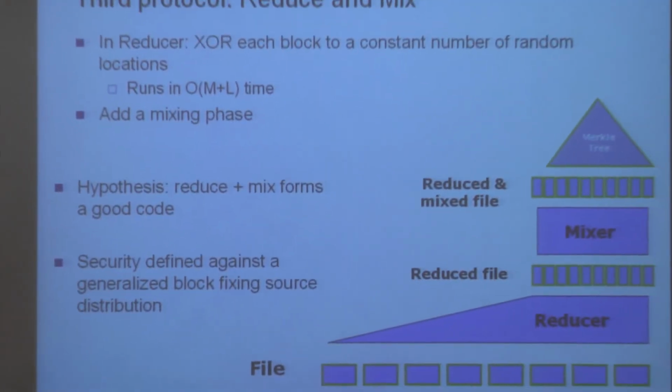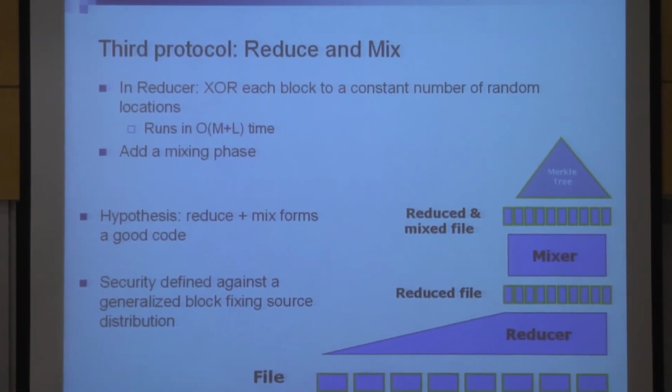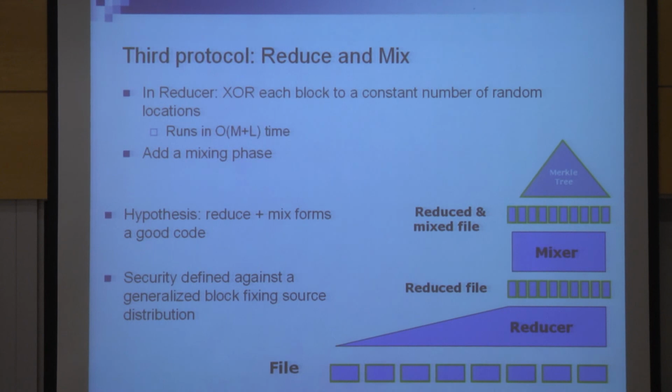Then security is defined against what we call general block fixing sources. We can prove a security claim on this construction with respect to proofs of ownership the way we wanted them. So we've worked quite a bit here, and this is really engineering to give something that both runs fast enough but really covers some meaningful security definition.